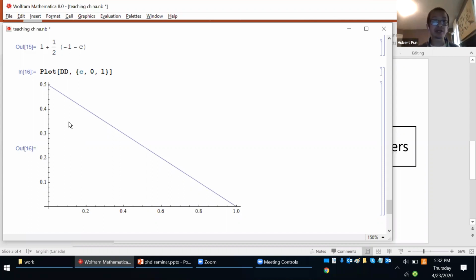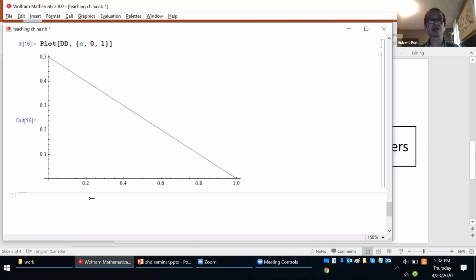What this picture tells me is that for an industry with a low production cost, it would have a high demand. And for an industry with a high production cost, the optimal demand would decrease. So this is what this picture tried to tell us.